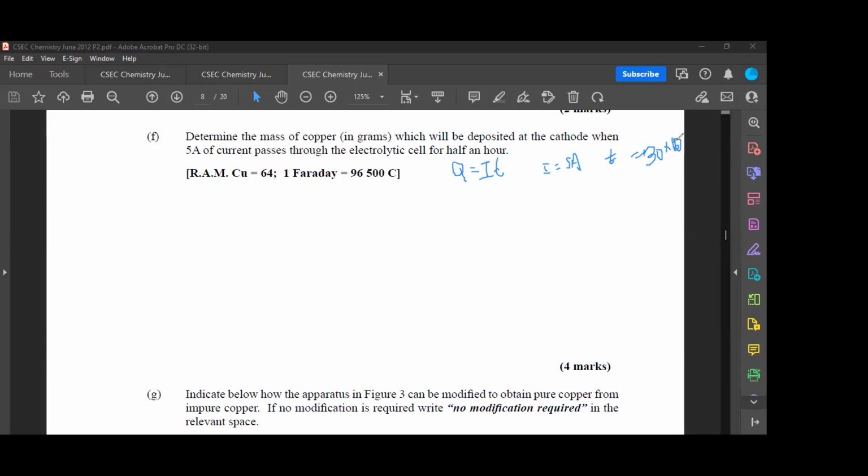Then when we find that value for Q, it is compared to Faraday's constant. How many electrons are in this reaction? 2. So it is now 2 times 96,500, which is about 193,000.